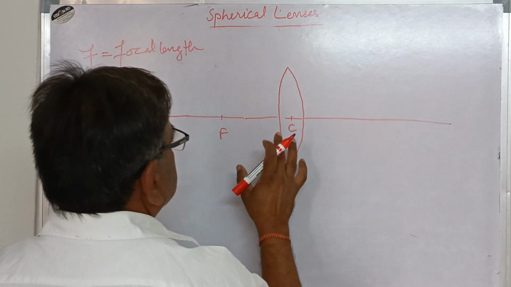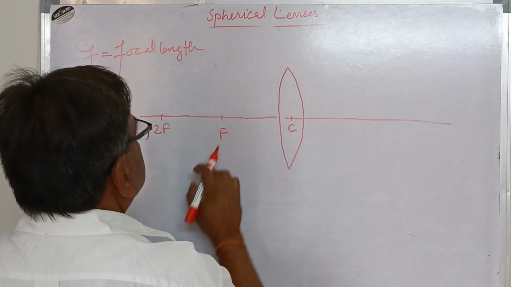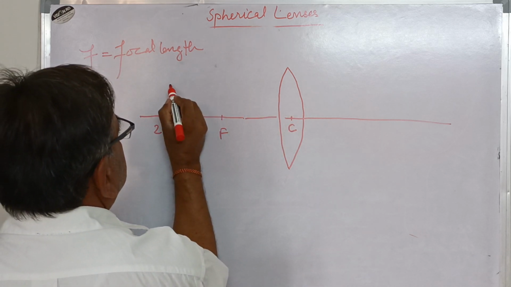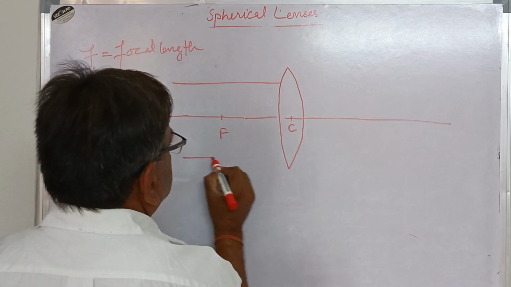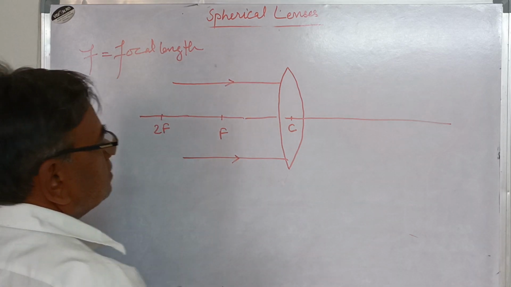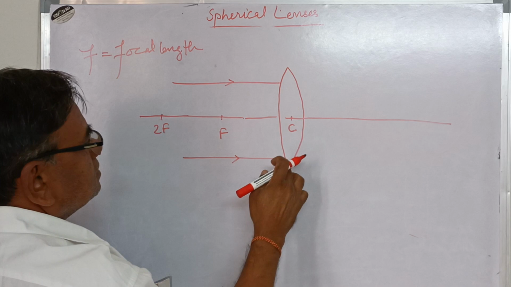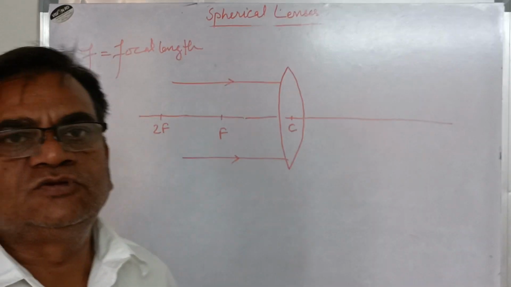Now, in this case, the incident rays coming parallel to the principal axis, since this is a lens, will not reflect the light, but will allow the rays to pass through it.